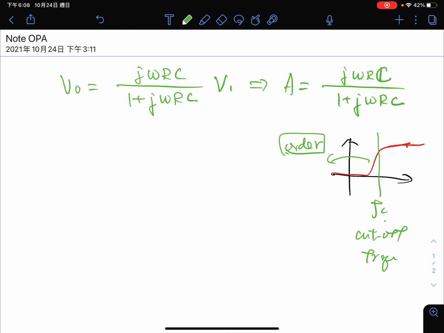Okay, so first let's find out the cutoff frequency. And then we have to calculate what? We have to calculate the A, right? And where is the cutoff frequency?